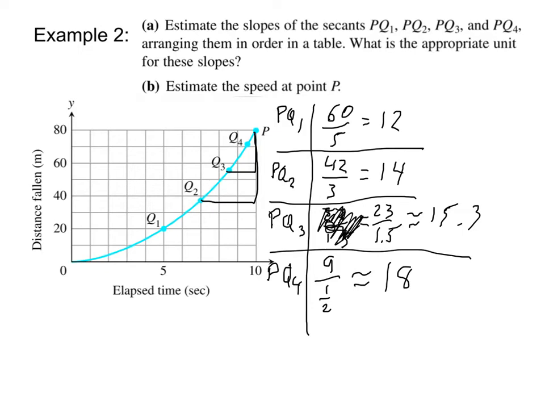If I was going to estimate the speed at P, a good estimate would be about 20, and then this would be meters per second. Okay, 20 meters per second for the units. So hopefully that's about what you estimated. It didn't have to be perfect, it's just an estimate, just so we're thinking about what is the slope at a specific point if we're estimating.